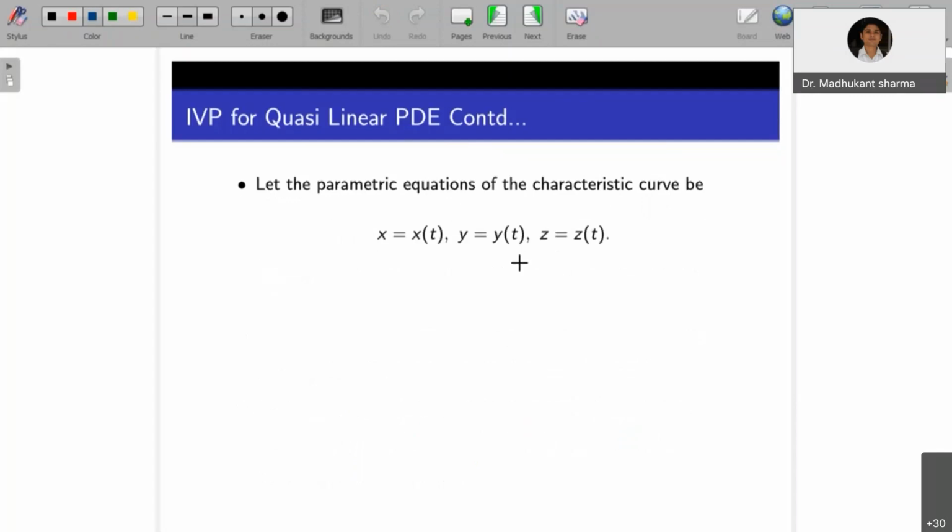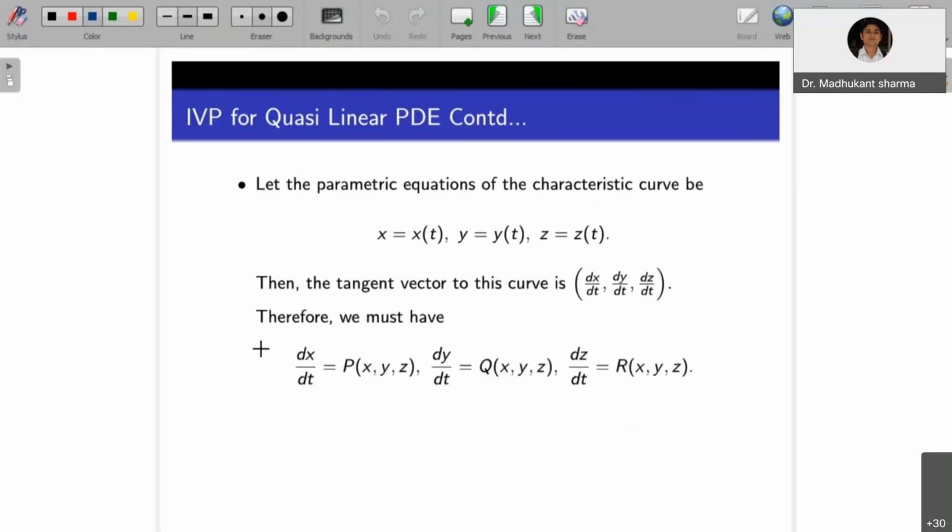Now the parametric equation of the characteristic curve is this. You know the tangent vector to this curve is given by this at any point. But if you are talking about a characteristic curve, they both lie along the direction of the characteristic direction field. So you will have the following ordinary differential equation.